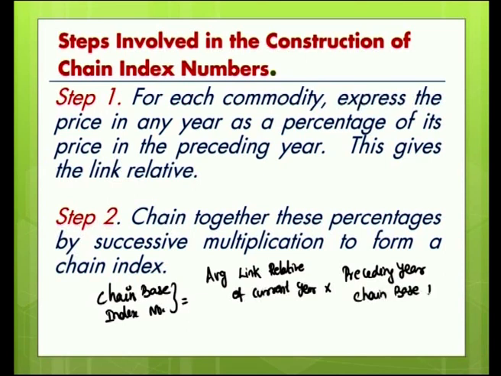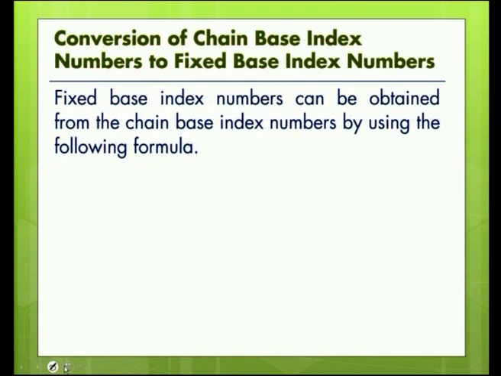First of all, the chain base index for the first year, the base year, is fixed as 100. Then we calculate the chain index as discussed in step 1. So, average link relative of current year into preceding year chain based index, divided by 100, gives you the chain based index number. Now, how to convert the chain based index numbers to fixed base index numbers? A fixed base index number can be obtained from the chain based index number by using the following formula.